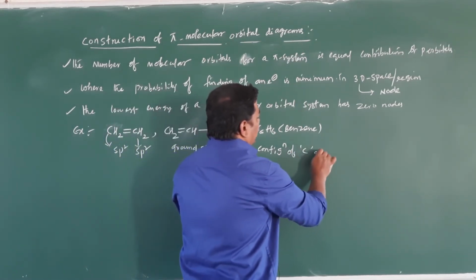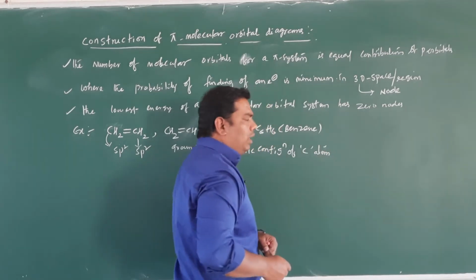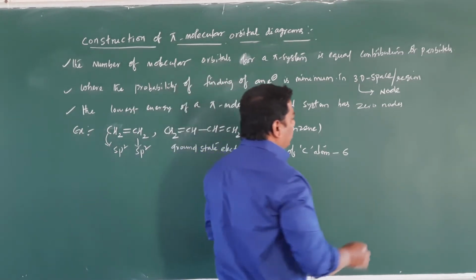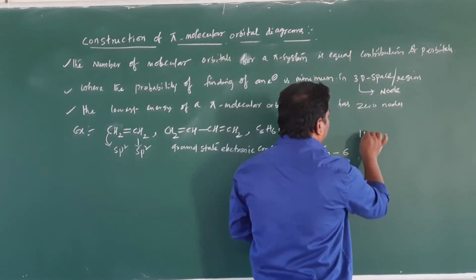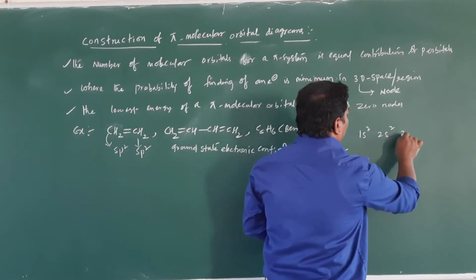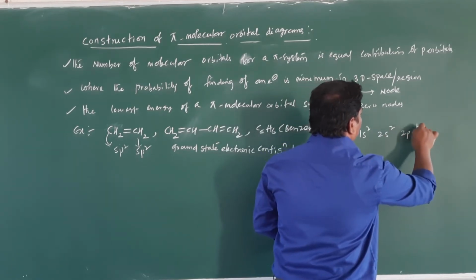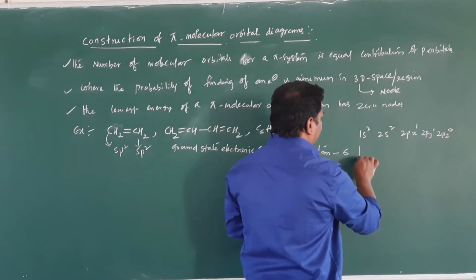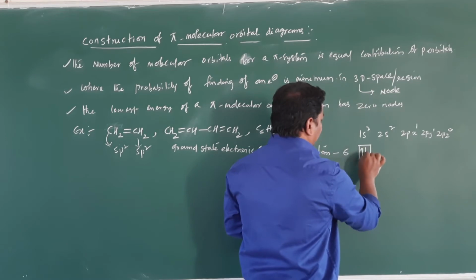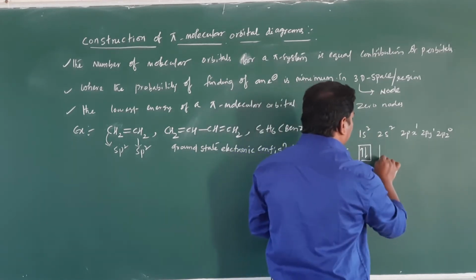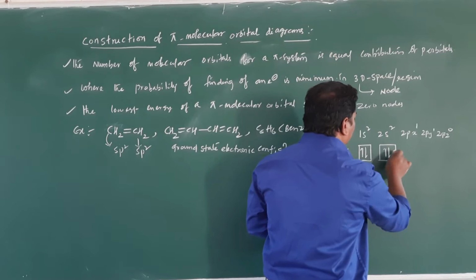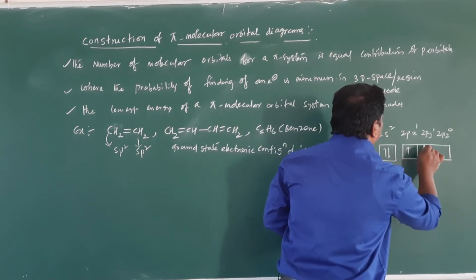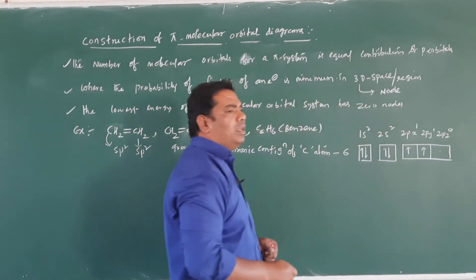We know very well the atomic number is 6, and the electronic configuration is 1s2, 2s2, 2px1 and 2py1 and 2pz0. Clear, students? Right. Here the 2s orbital has 2 electrons, and the 2px1 and 2py1 have one electron each, but there is no electron in the 2pz orbital.